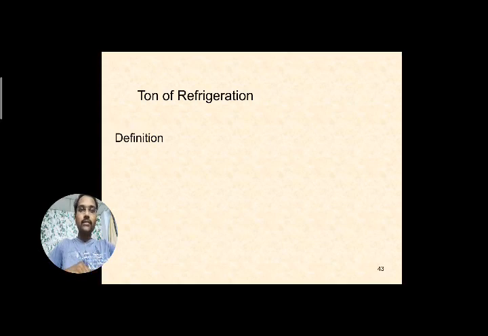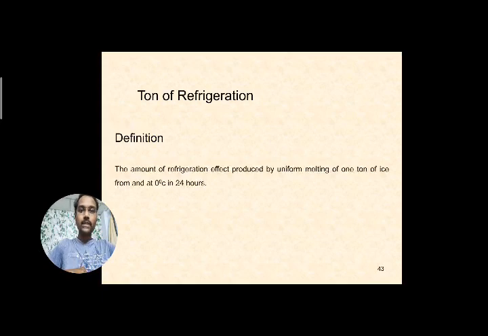We'll see the definition of ton of refrigeration. The definition goes like this: the amount of refrigeration effect produced, meaning how much cooling effect is produced, by uniform melting of 1 ton of ice at 0 degree centigrade in 24 hours.